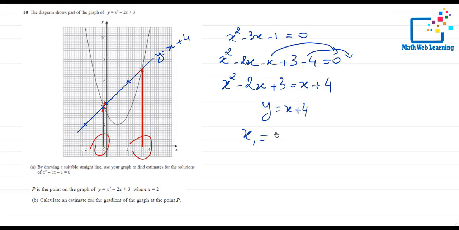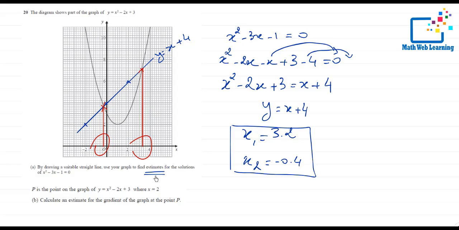It's going to be roughly 3.2. Okay. x2 is going to be here, this is 1, roughly halfway. I'm going to go minus 0.4. Right, these are my estimated answers. Okay, it says estimate. All your answers, because you find them graphically, we call them estimates. All right, that is part A.